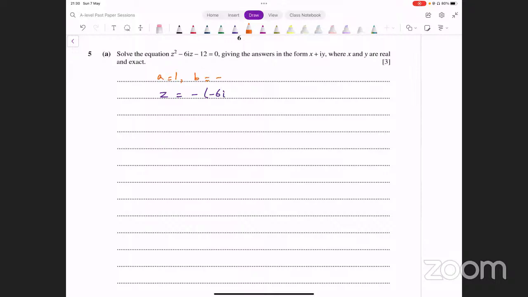In place of b, we have minus 6 iota. And in place of c, we have minus 12. I'm inputting these values in the quadratic formula. Minus b plus minus square root of b squared. So that's minus 6 iota whole squared minus 4 into 1 into minus 12 whole divided by 2 into 1.